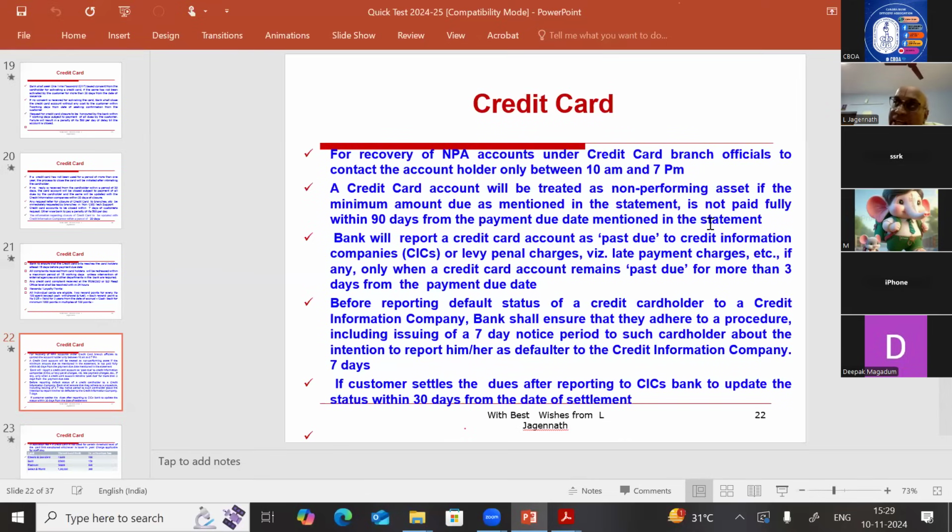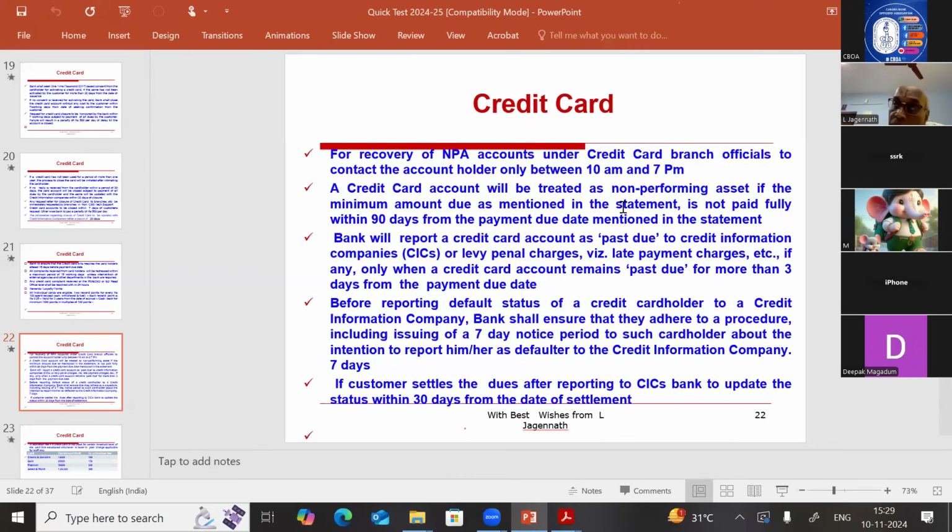So it is not from the date of the statement. What is the payment due date? What is the minimum amount to be paid? If you opted for the rollover facility, the minimum amount to be paid will be there. If it is not paid within 90 days from the payment due date, the credit card will be called an NPA.